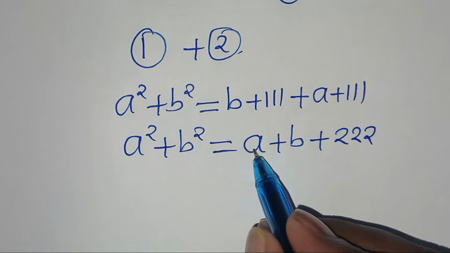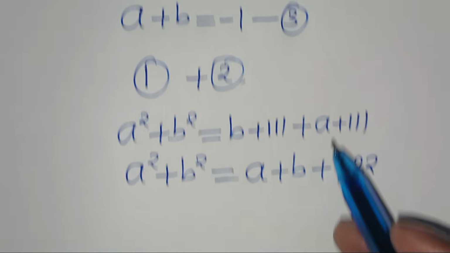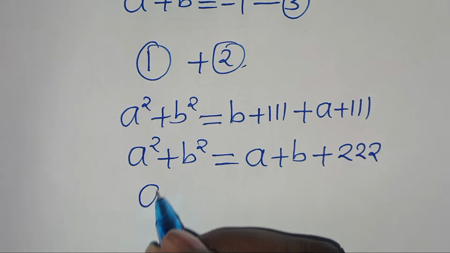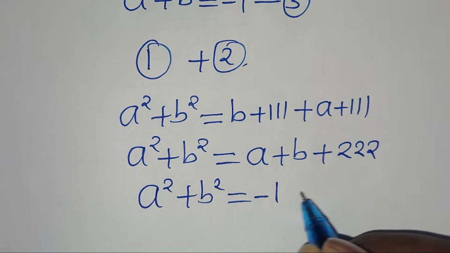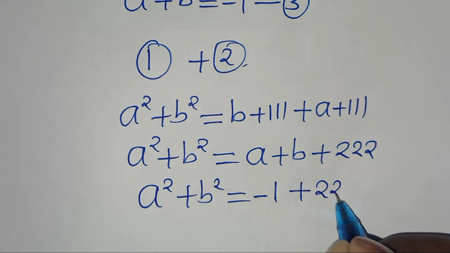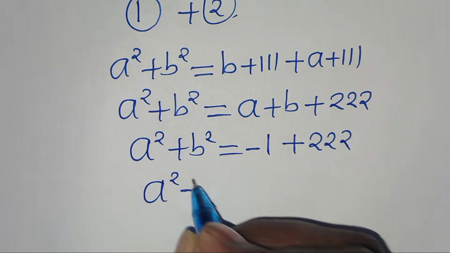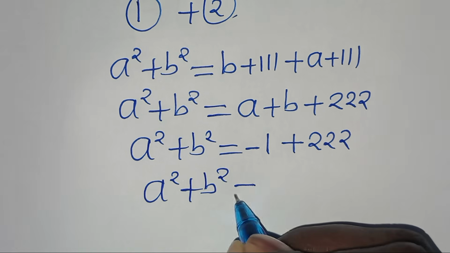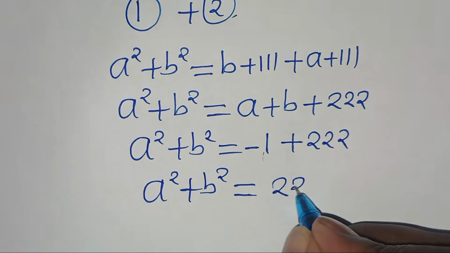Now a plus b, this is equation 3, which is equal to negative 1. So let's substitute negative 1 here. So a squared plus b squared equals negative 1 plus 222, and this is 221.